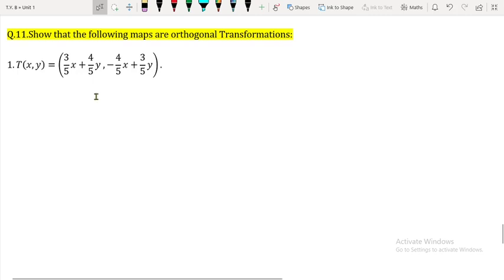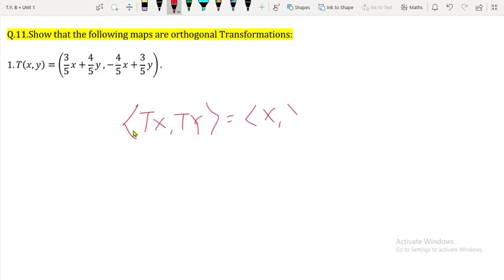The first way is, first of all, we will show that it preserves the inner product, in the sense we are supposed to show that inner product of Tx with Ty is equal to what?